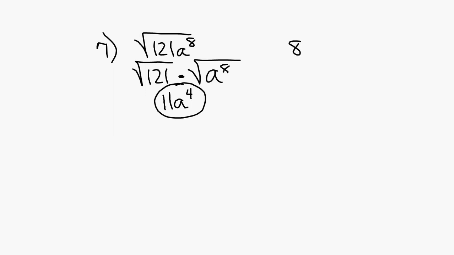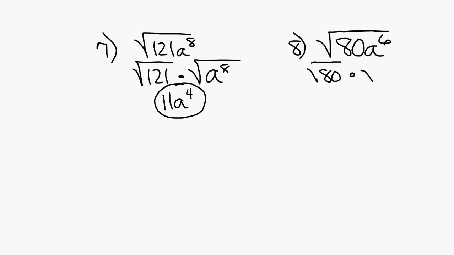Number 8 is the square root of 80a to the 6th. When you break this apart, you get the square root of 80 times the square root of a to the 6th.